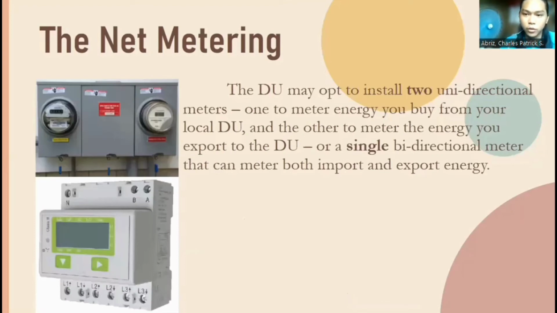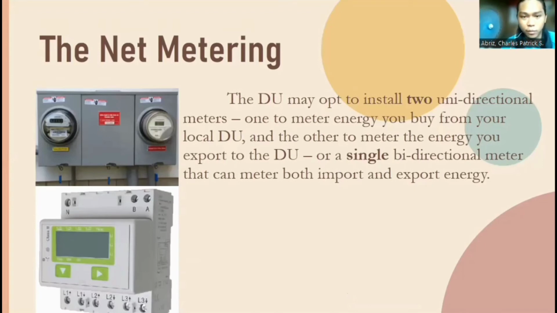Okay. The DU may opt to install two unidirectional meters, one to meter energy you buy from the local DU and the other to meter the energy you export to the DU. Now, why is this important?